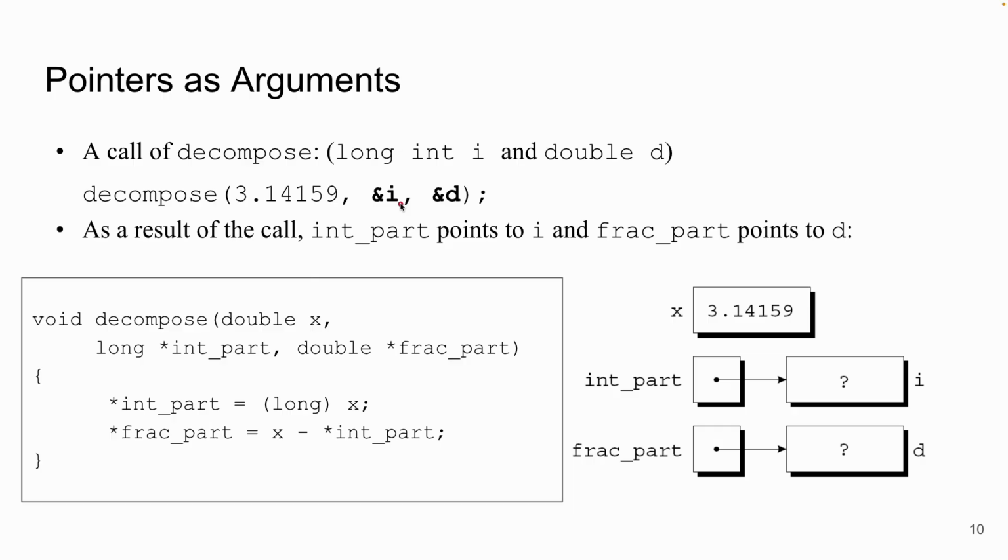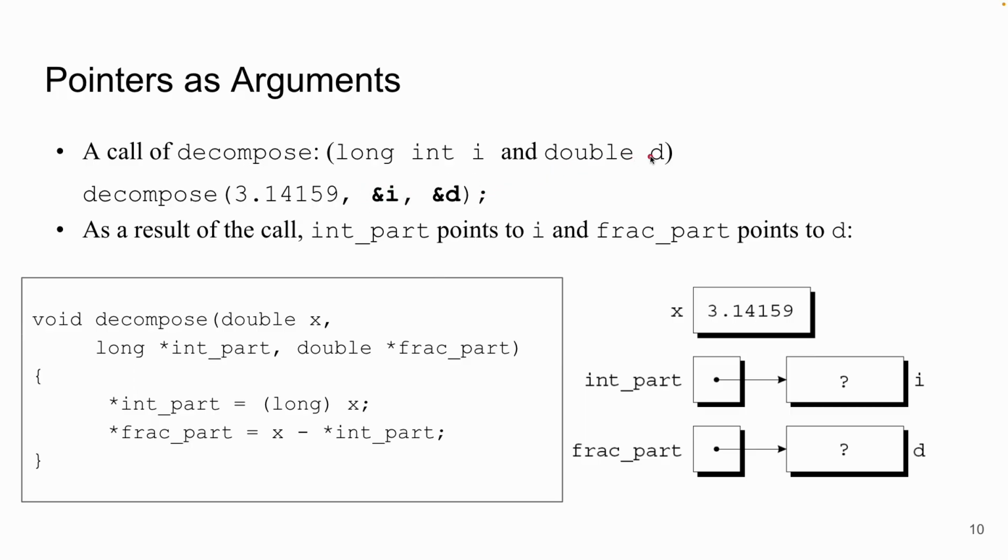And what we pass here is that because the definition of the function says that the last two parameters need to be pointer variables, need to be pointers, right? So what kind of value can be assigned to the pointer variables? That is the address, right? So what we need to pass to the decompose function is the address of i and the address of d.